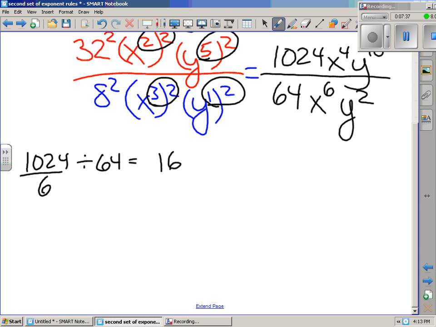If you take the 64 and you divide it by 64, you're going to get 1. So 16 over 1 is 1024 over 64 reduced. So that's why the 16 is going to go in the numerator.